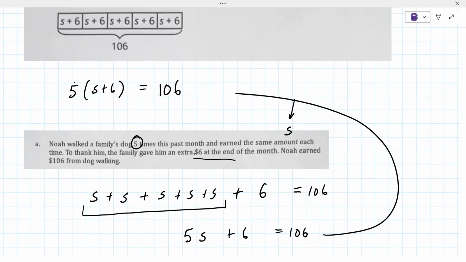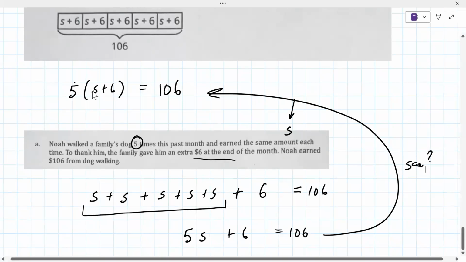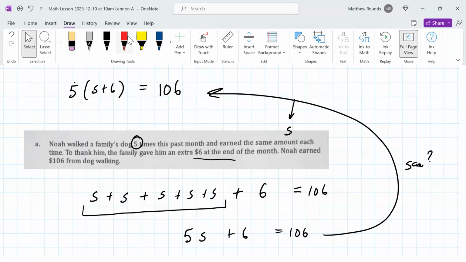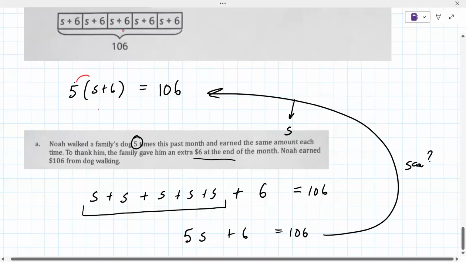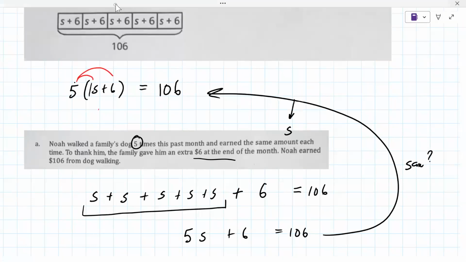Is this the same? It has to be exactly the same as the previous line here. What do you think? Yes. It looks like it because it's got a 5 and a 6. But what do you do with the 5 on the outside? What have we been doing in all those problems leading up to now? 5S plus 30.